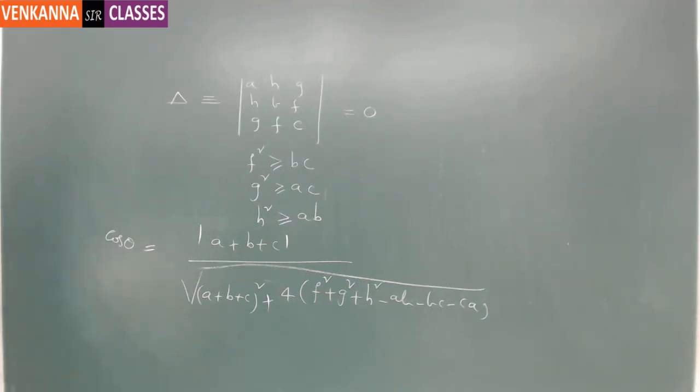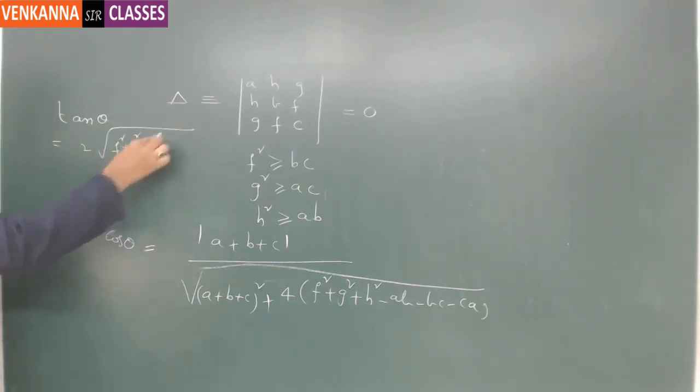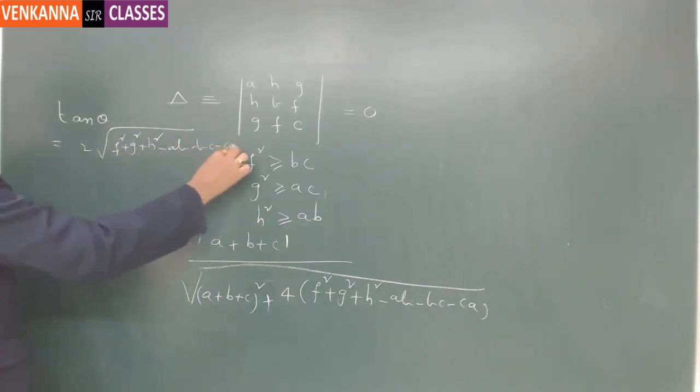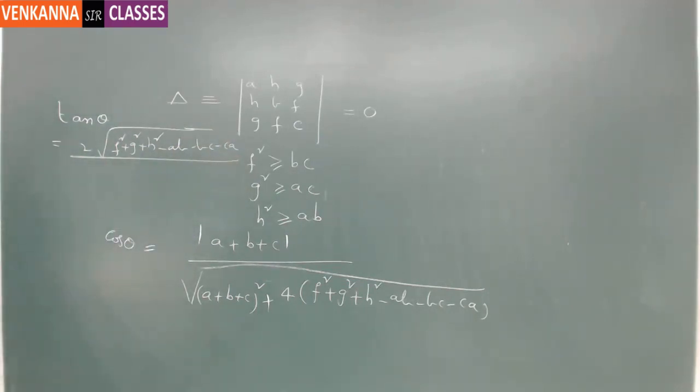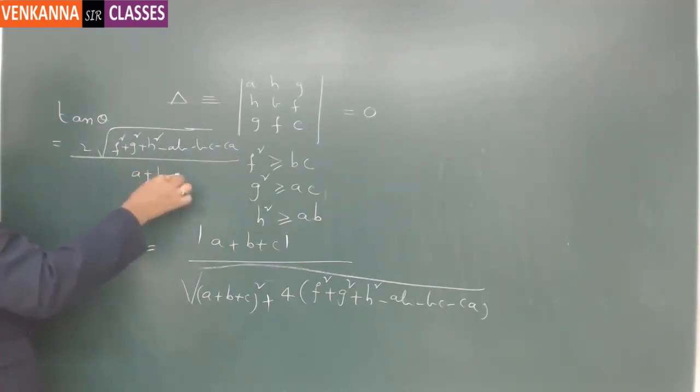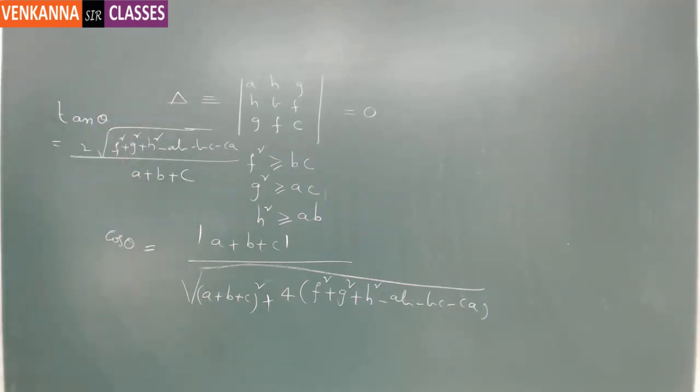Right. Then the formula for calculating tan theta is nothing but 2 into square root of (f square plus g square plus h square minus ab minus bc minus ca) whole divided by a plus b plus c. This is the formula used to calculate tan theta. And one interesting thing is, since the homogeneous equation is giving us two planes, sometimes they may be parallel, sometimes perpendicular.